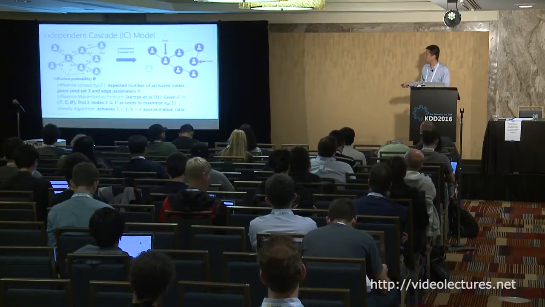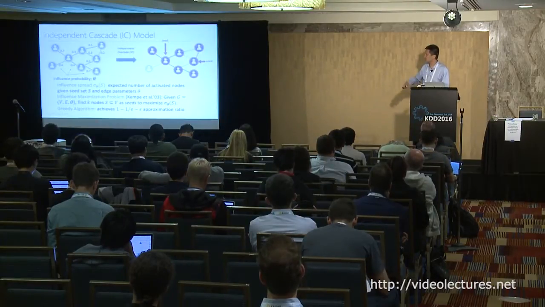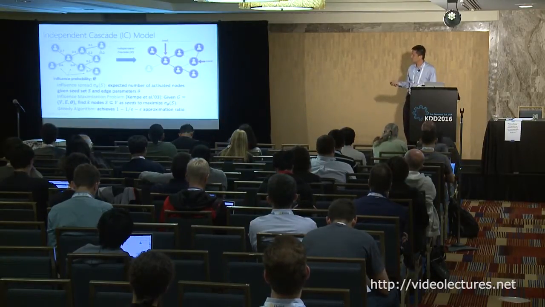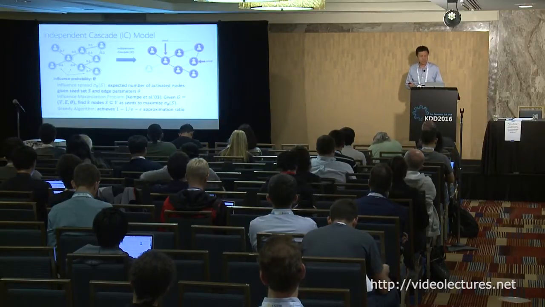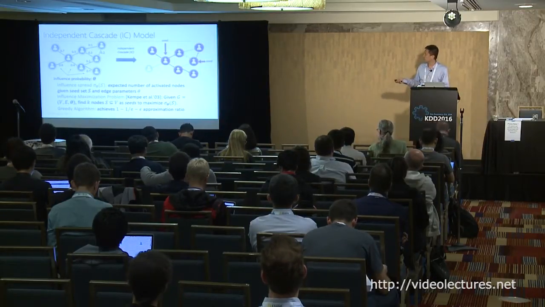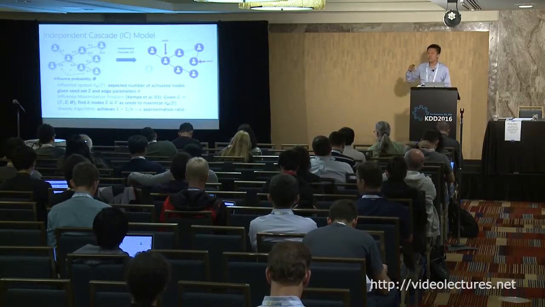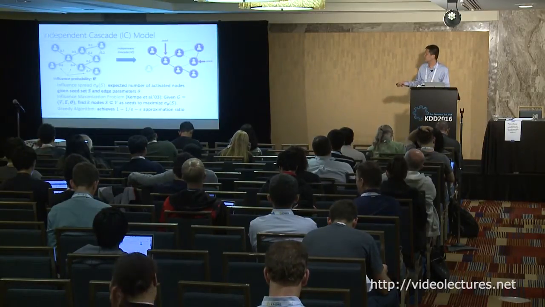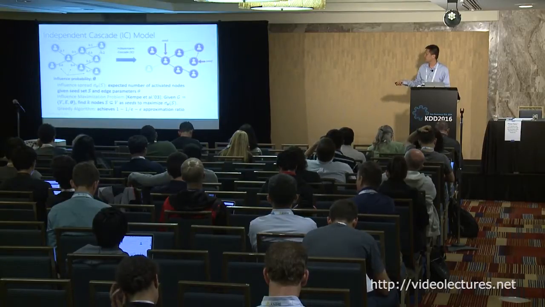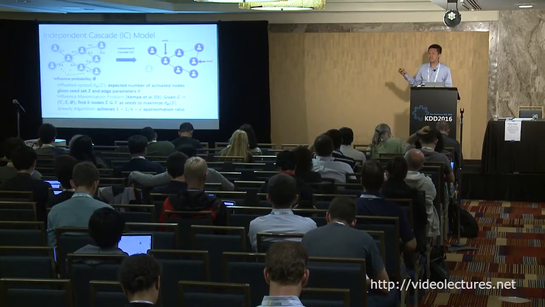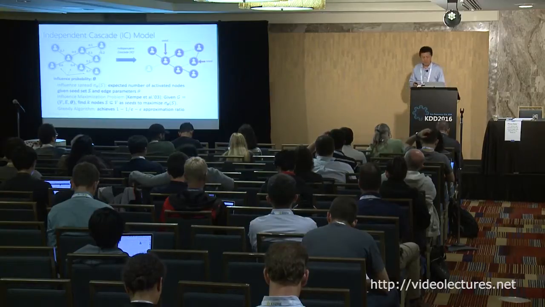Kempe et al., in 2003, in this very conference, KDD, proposed the influence maximization problem. Basically, given this graph and the parameters, how to find k nodes in the network that maximize the influence spread of these k nodes, which we call seed nodes.